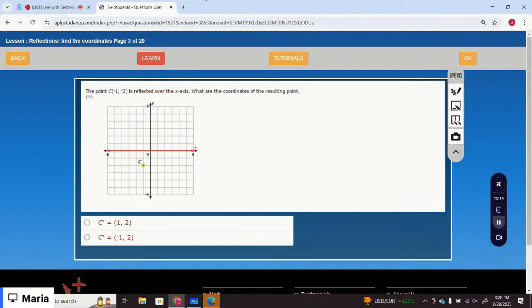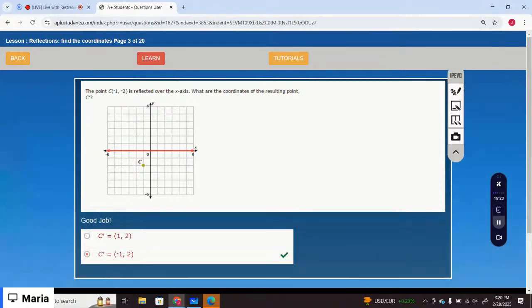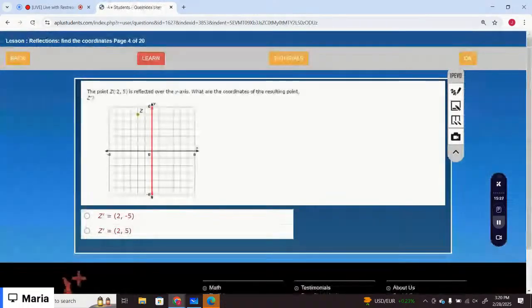The reflected point over the x-axis is (-1, 2). Option number 2 is the correct option. The point Z (-2, 5) is reflected over the y-axis.